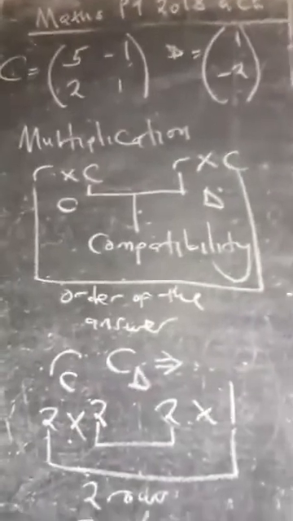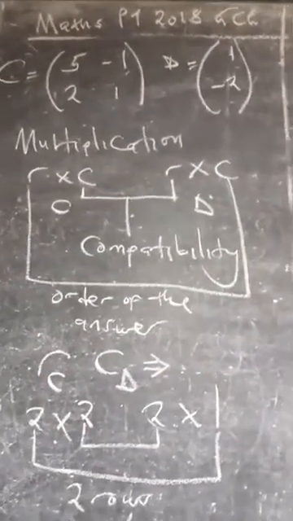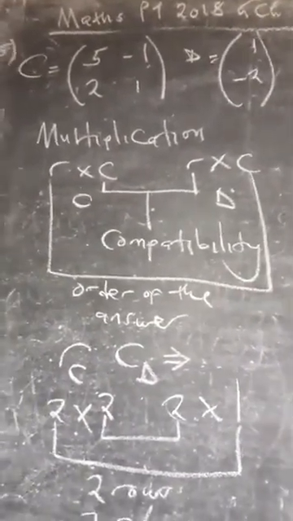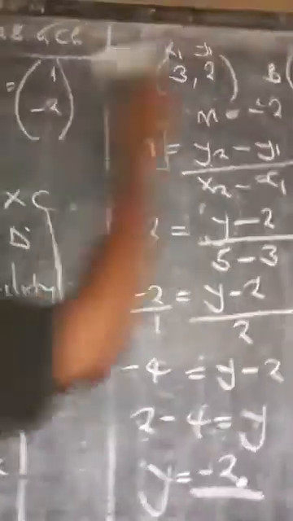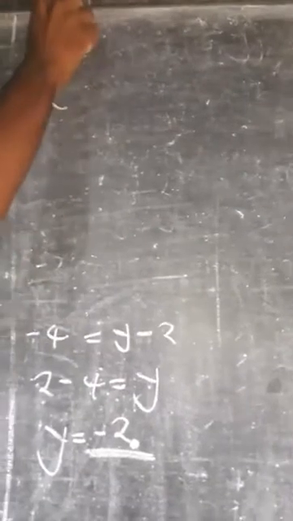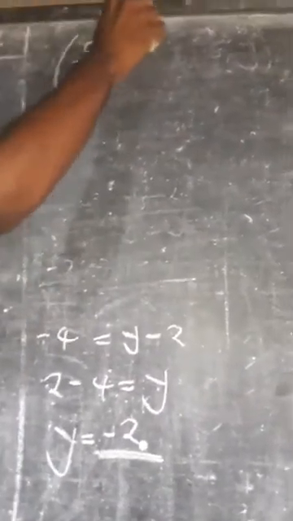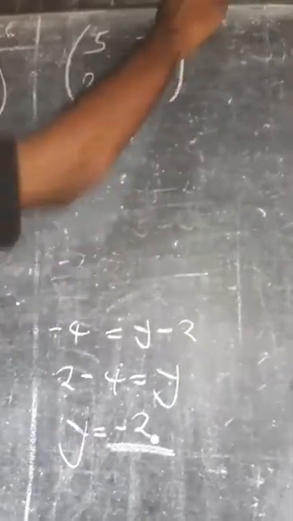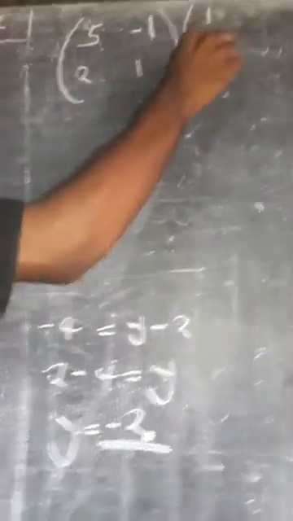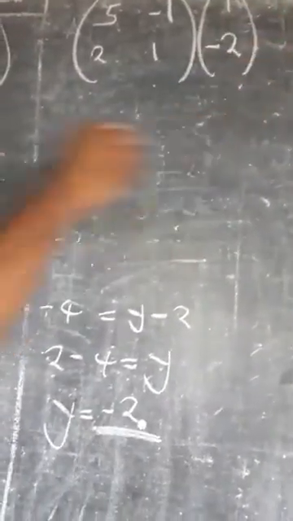So let's work on it on the other side. This is the last question that we are doing for today, then we shall continue tomorrow. Any multiplication is done by multiplying the rows by column.